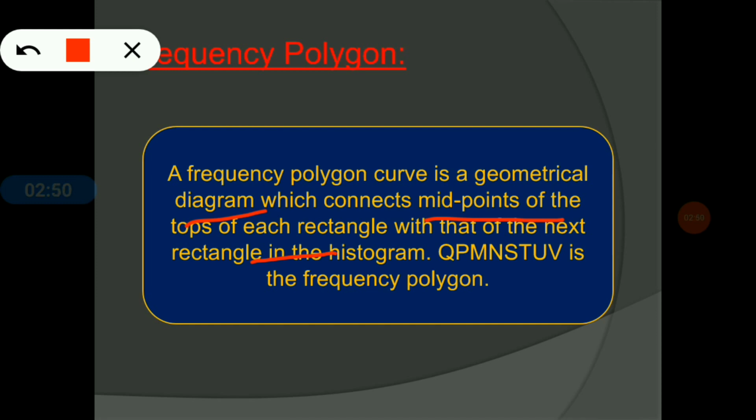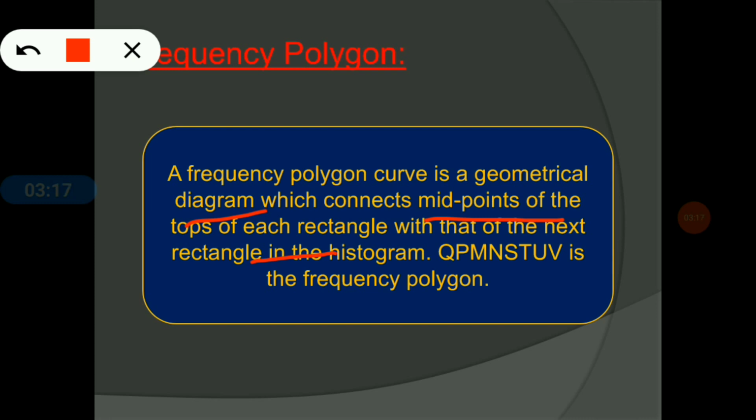The data used in a frequency polygon are continuous and quantitative. Frequency polygons not only help make sure the data is sorted out and represented, but also make it easier for everyone to compare and contrast their results.